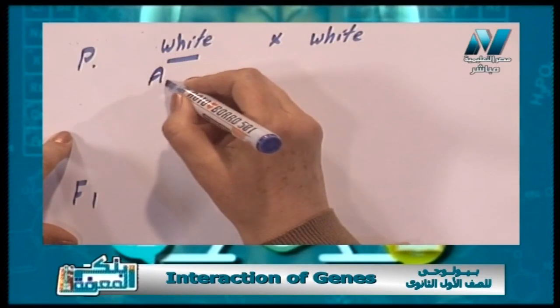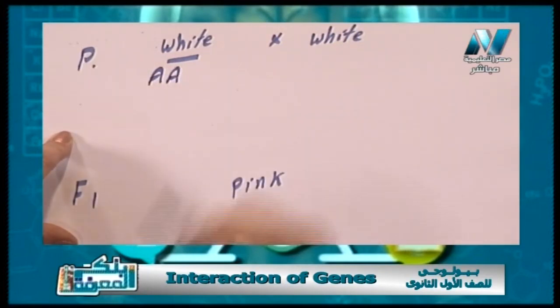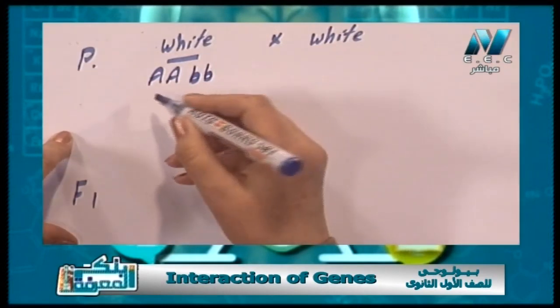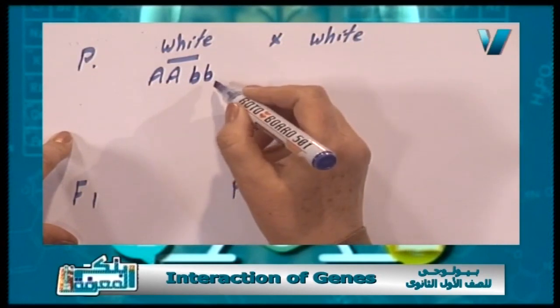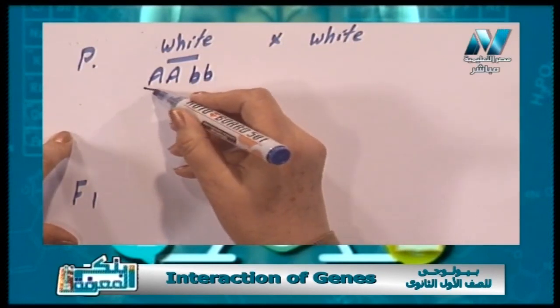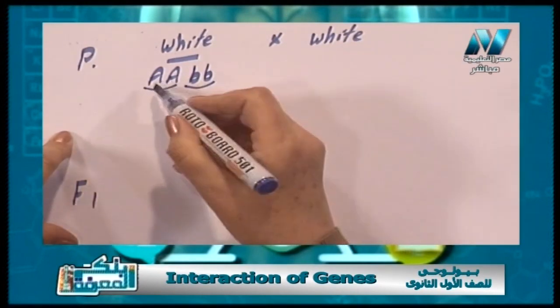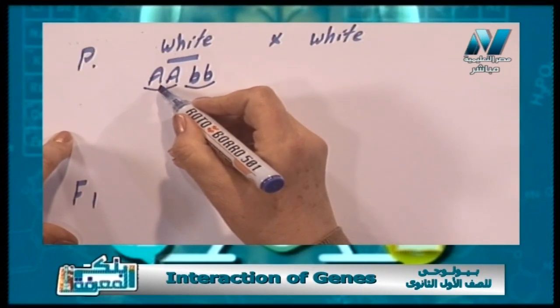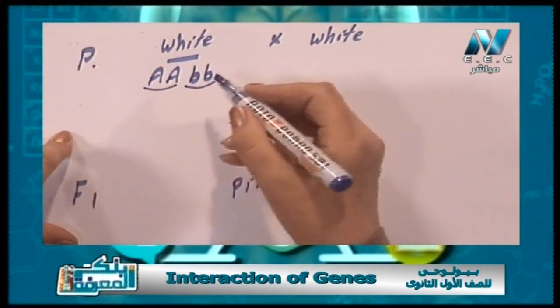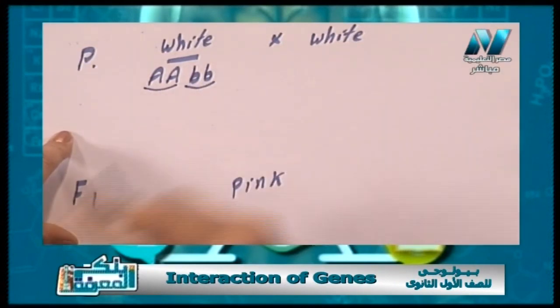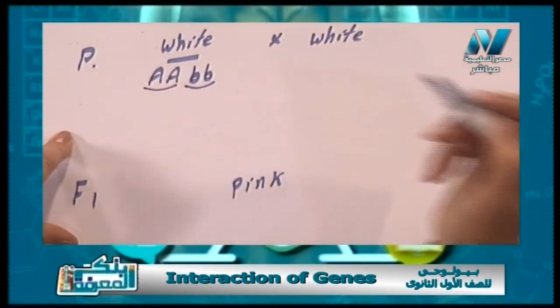So if we have A for the first gene and B from the second pair of genes, this is a white flowered plant, because the first gene produces the protein and the other pair doesn't produce its protein. So the protein coming from this pair does not find the complementary protein to produce the color. So the plant will be white flowered.